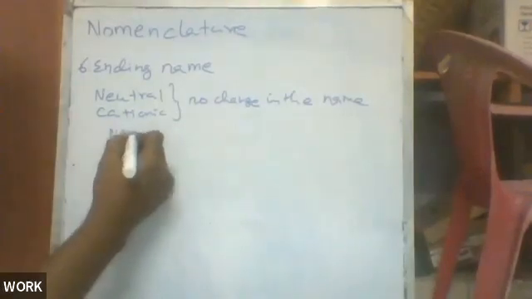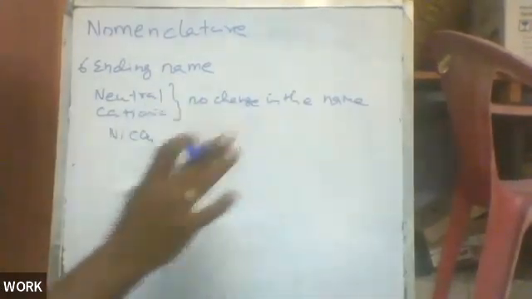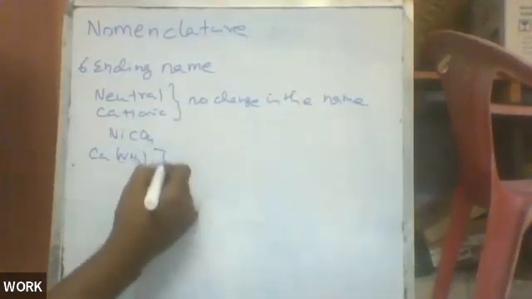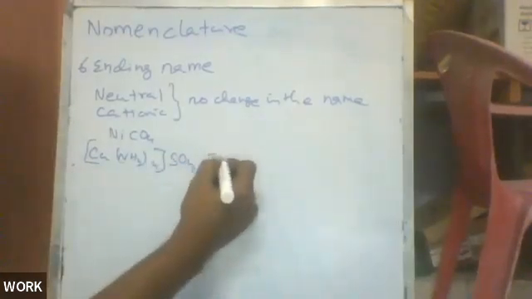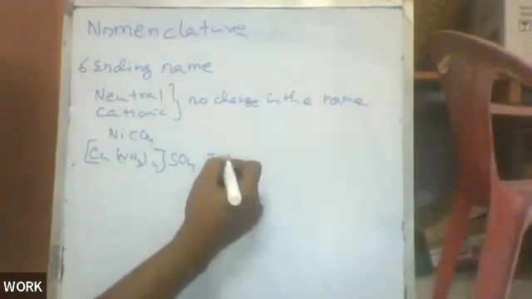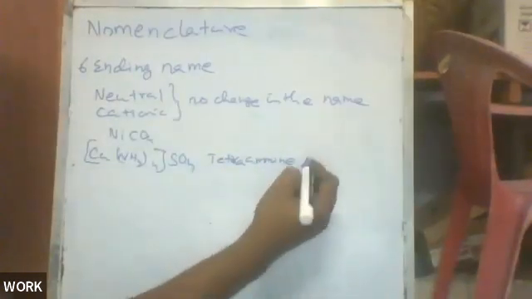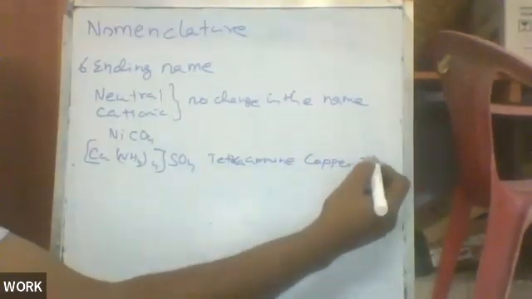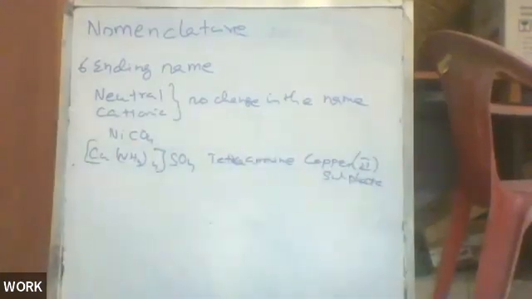For example, Ni(CO)4, nickel tetracarbonyl, or [Cu(NH3)4]SO4, here tetraammine copper(II) sulfate. So that's also no problem.